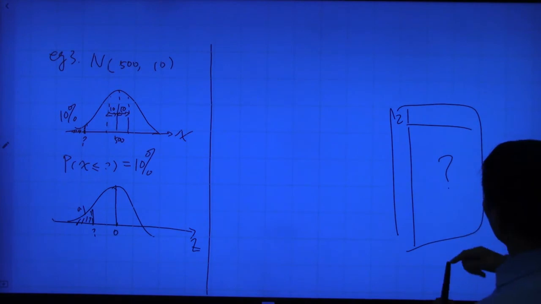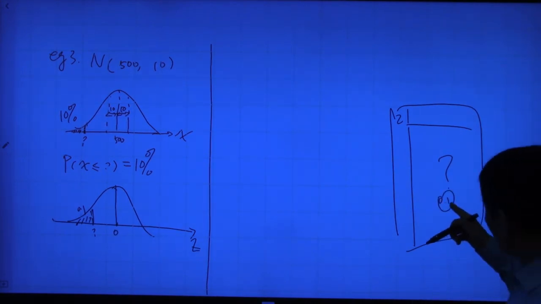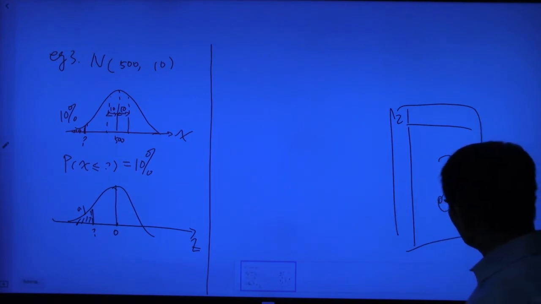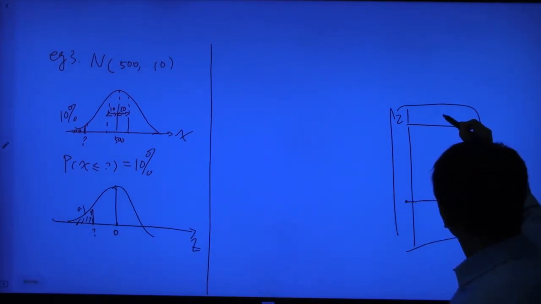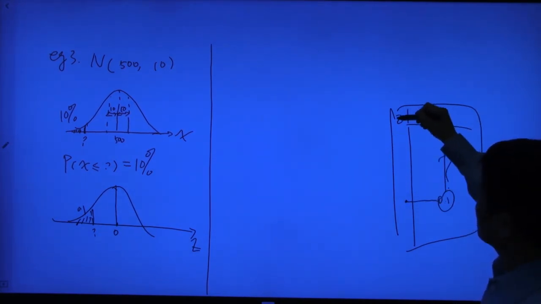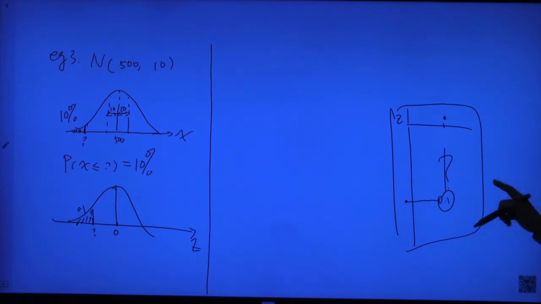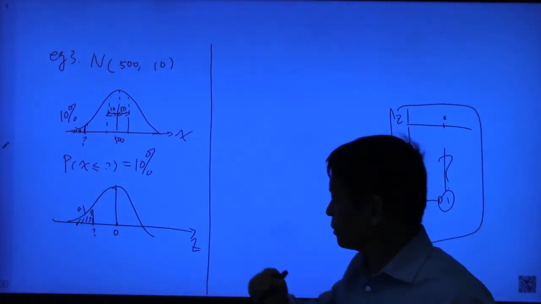So somewhere there must be a 0.1. Once we find it, we look for the corresponding z-score here and here, add these two numbers together, and this gives us the z-score. Once we know the z-score, using the inverse formula, we can find the corresponding x.